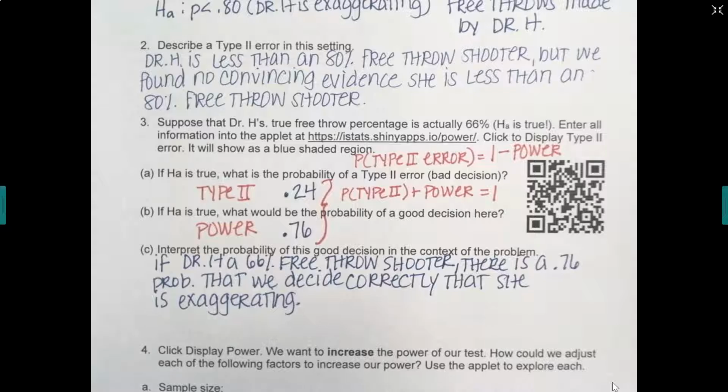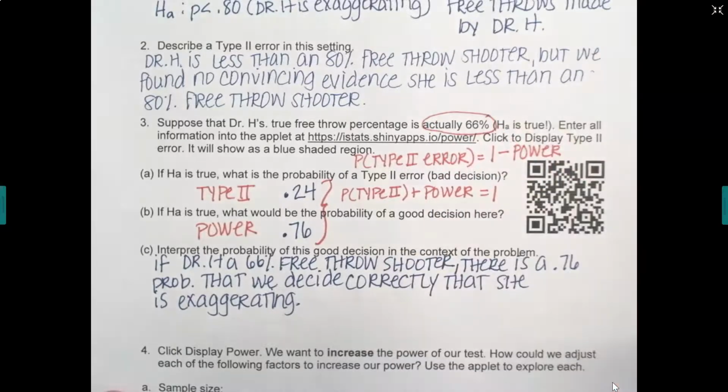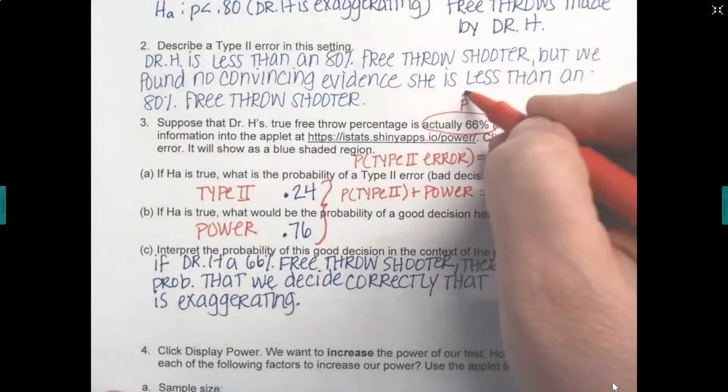So for us to be able to determine power, you must have this alternate number. That came from our p-hat in this case.